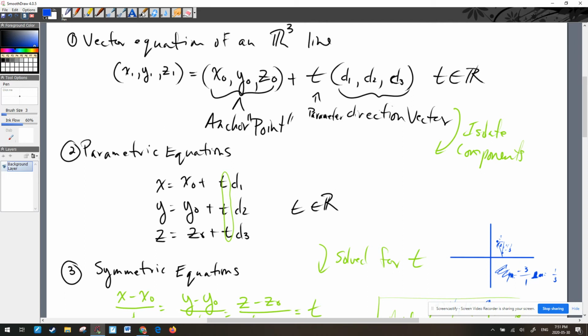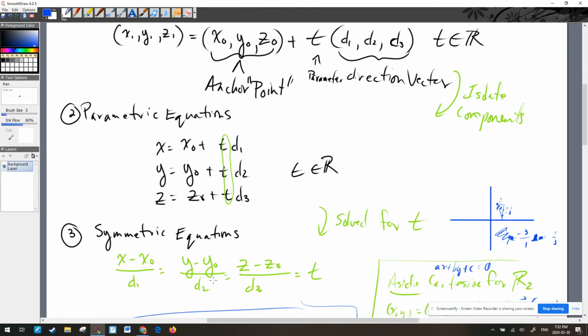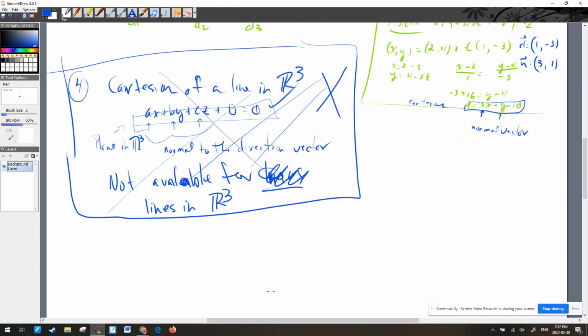In vector form, we have a vector equation of a line, with an anchor point and a direction vector. For the parametric equations, all we did is solve for each of the components, so x is equal to x naught plus t d1. To get the symmetric equations, we just solved for the parameter and set them equal to one another, and then we're good to go. And there isn't actually a Cartesian equation.